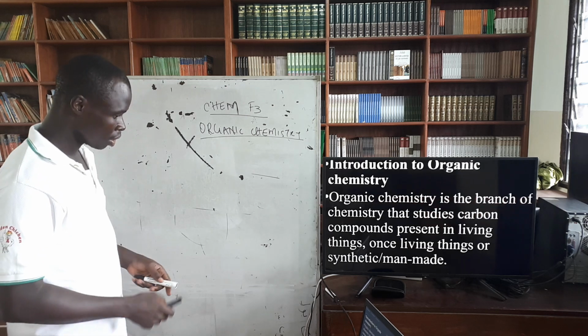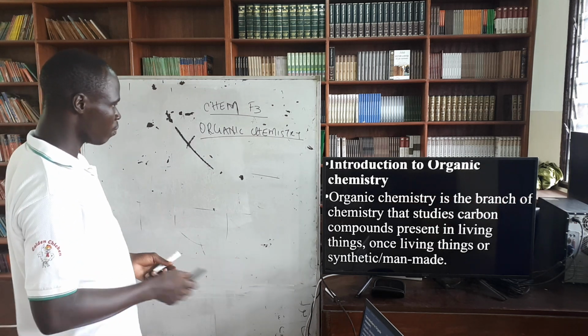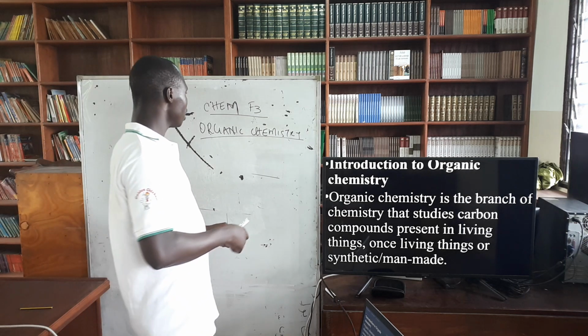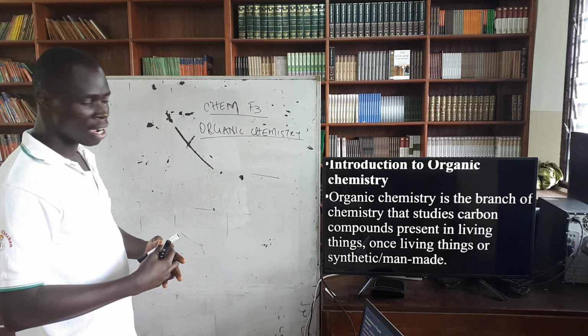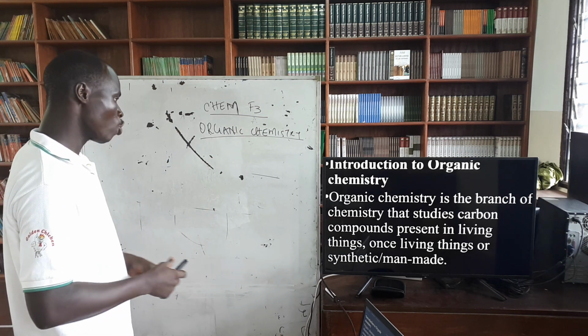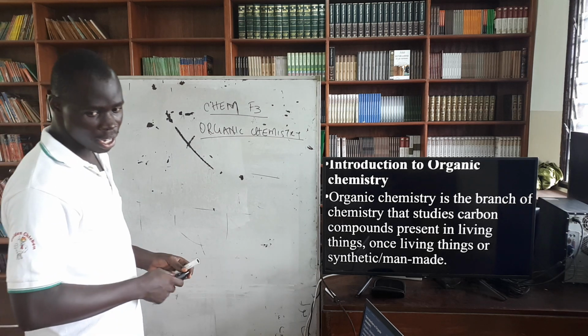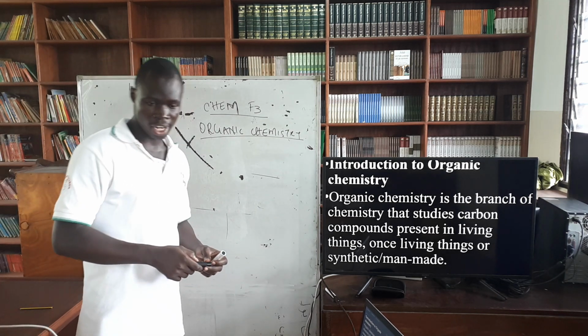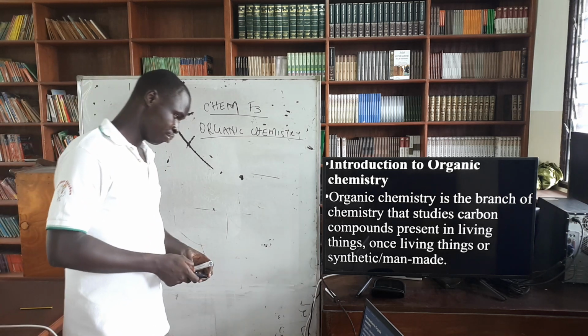Now, organic chemistry is simply a branch of chemistry that is going to study carbon compounds present in both living and non-living organisms. And this non-living will mean dead organisms.